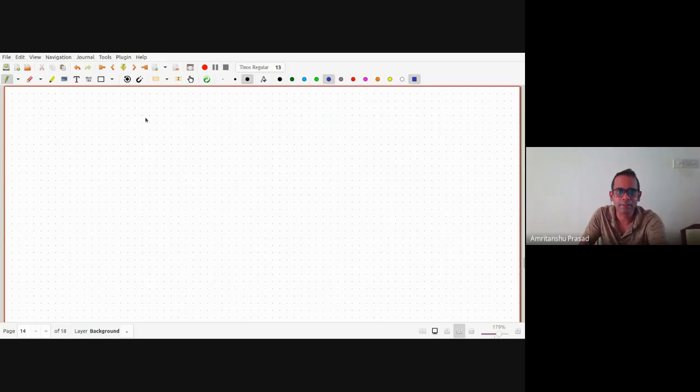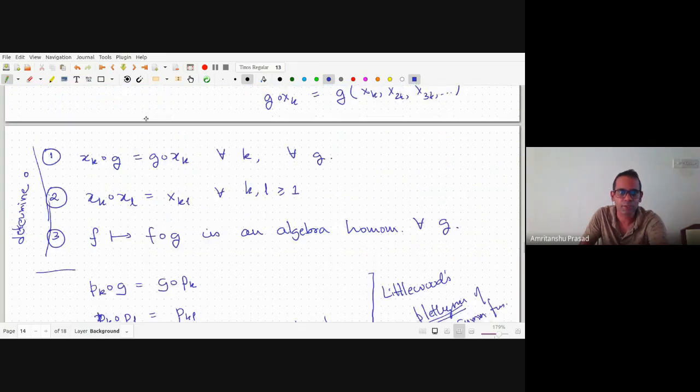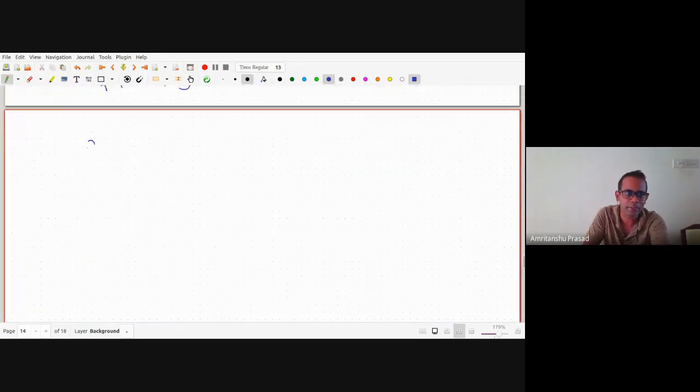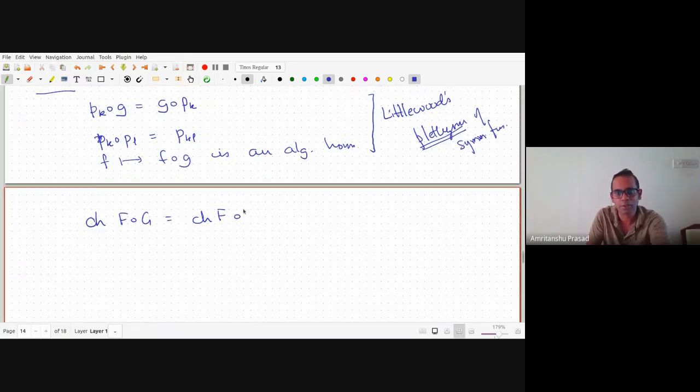So what we can also say is that the Frobenius characteristic of F circle G is the Frobenius characteristic of F plethystic product with the Frobenius characteristic of G. So that's also there.